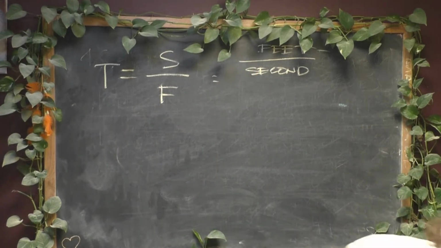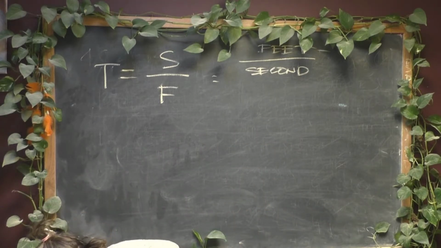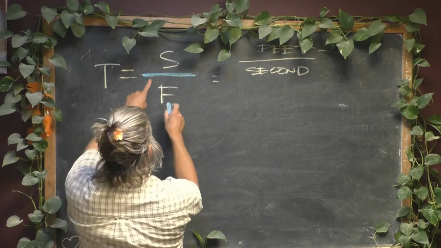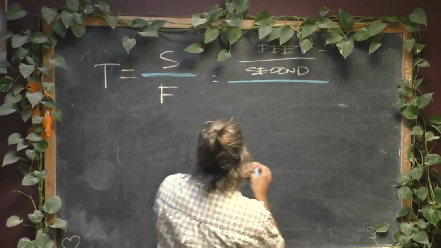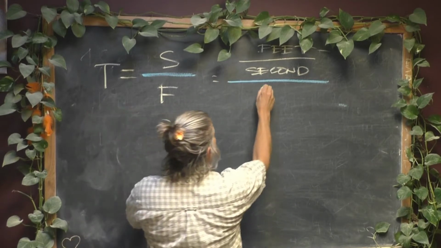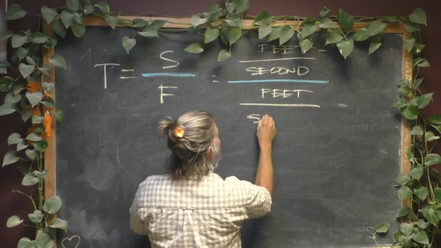And let me grab some blue chalk and make this fraction bar here stand out. So that speed is in feet per second. This force, this braking deceleration force, is in feet per second squared.